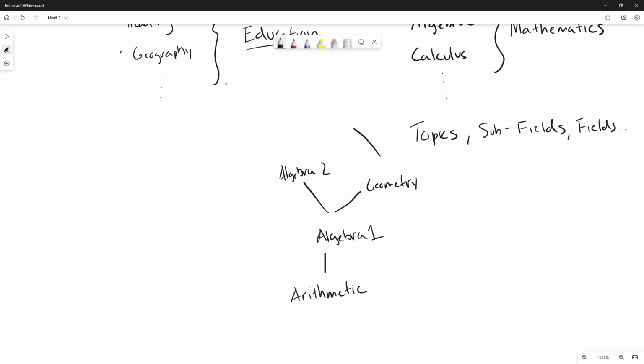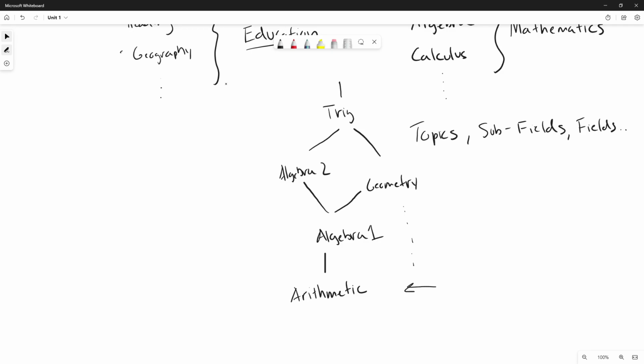And then these might converge. You have like trigonometry, and so on and so forth. But what's important to note is that arithmetic is at the bottom. And the reason it's at the bottom, and the reason why it's so important, is it's what gives you all of the tools you need in order to work your way up into the more complex subjects, or topics, or subfields, whatever you want to call them.